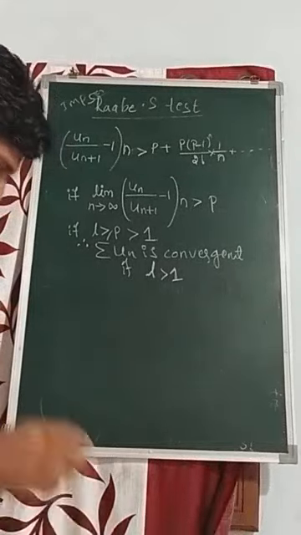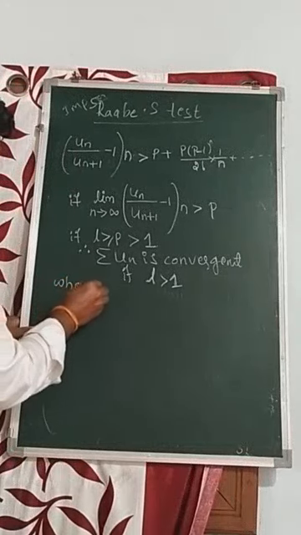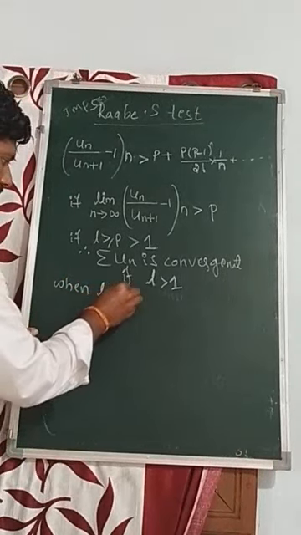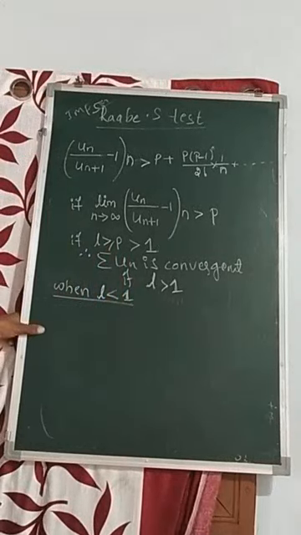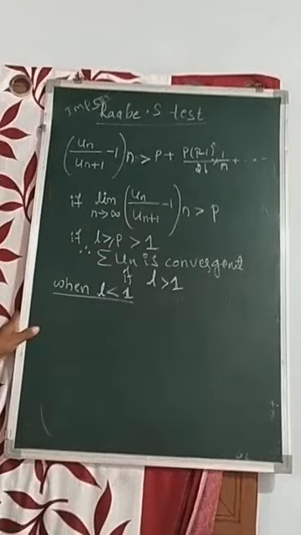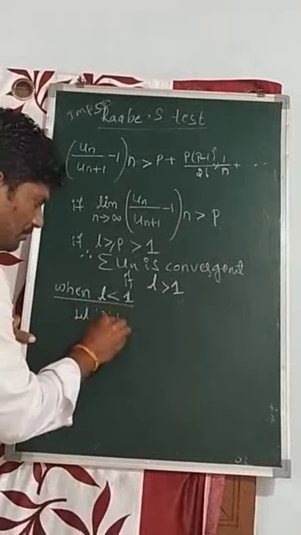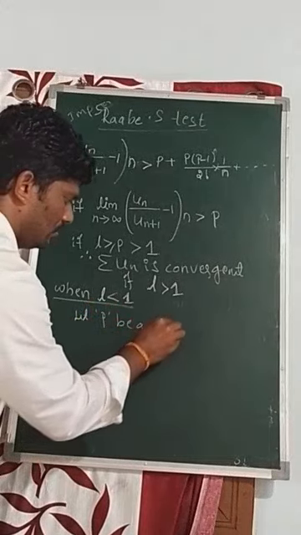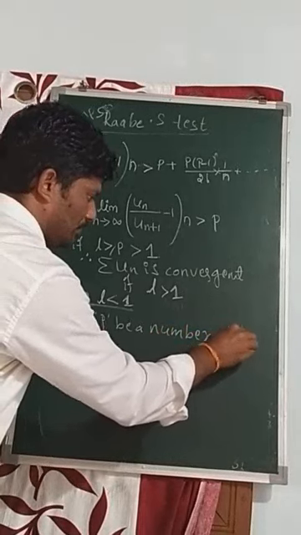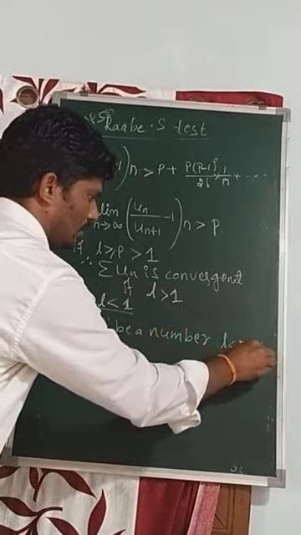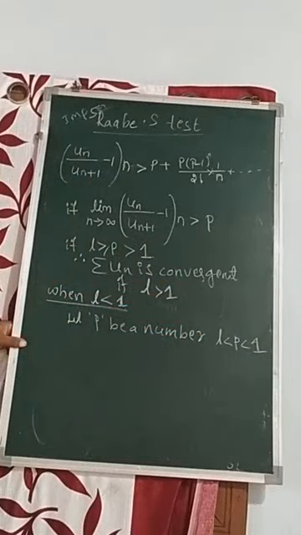Case 2: when L is less than 1, this is case number 2. Next, let P be a number such that L is less than P is less than 1.